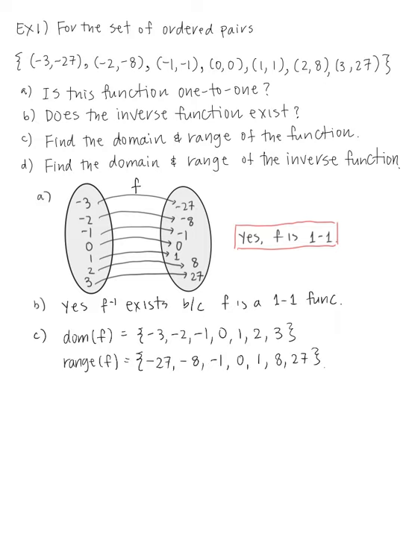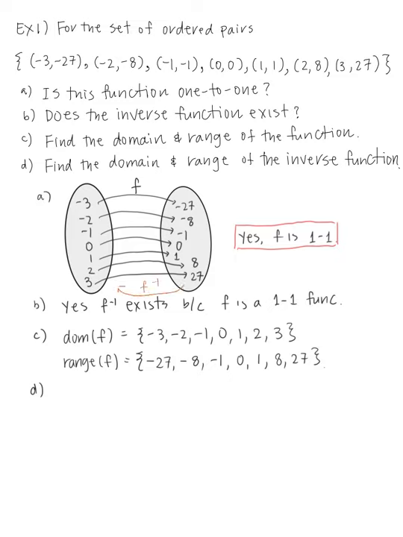All right, now let's go with part D. Find the domain and range of the inverse function. Now, remember the argument that we discussed before. Remember that the range of f is the same thing as the domain of f inverse, because remember, f inverse goes this way.